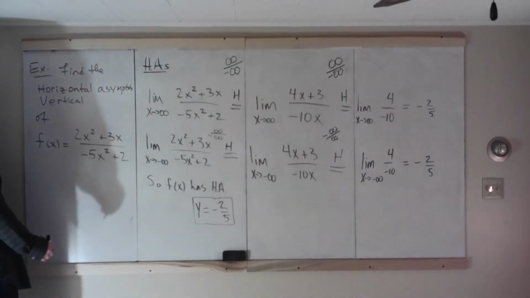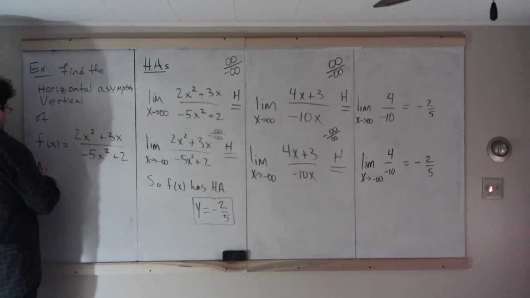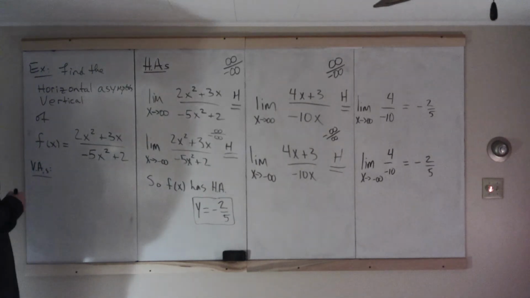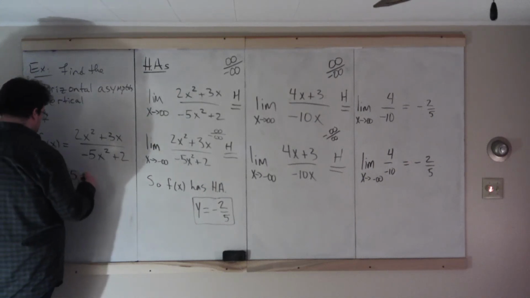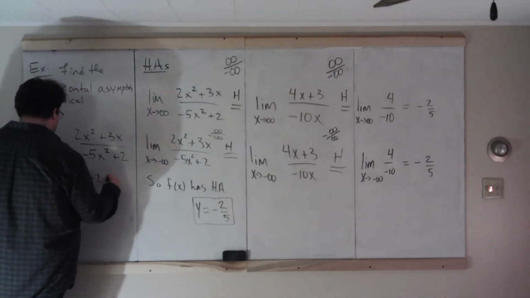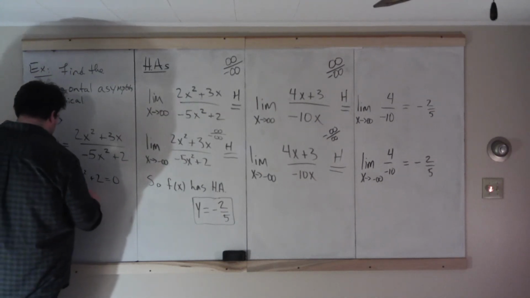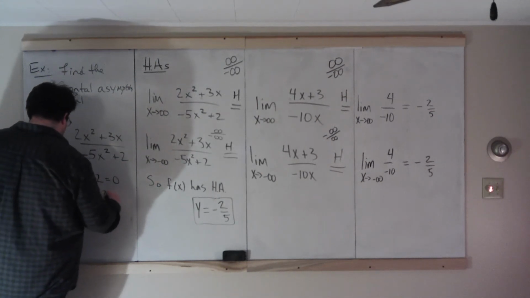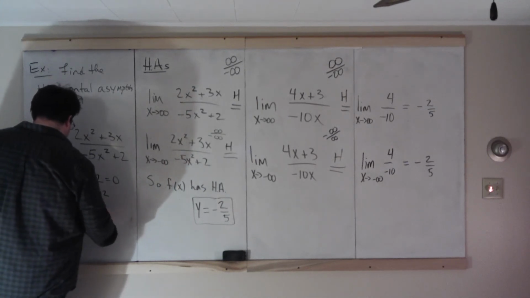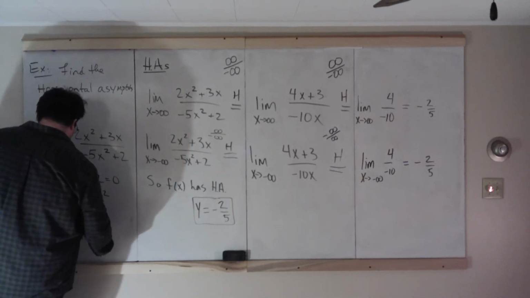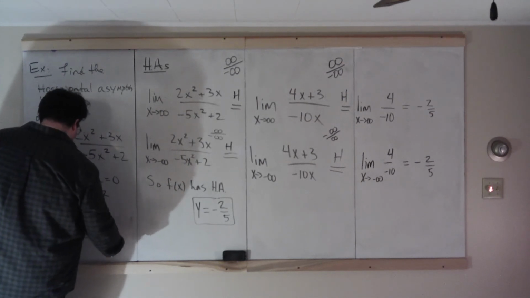But this also asks for vertical asymptotes, so we might as well find them. Well, we have to find them since it asks. For vertical asymptotes, remember, set the bottom equal to 0. Add 5x squared. Divide by 5. So x equals the positive or negative root 2/5.